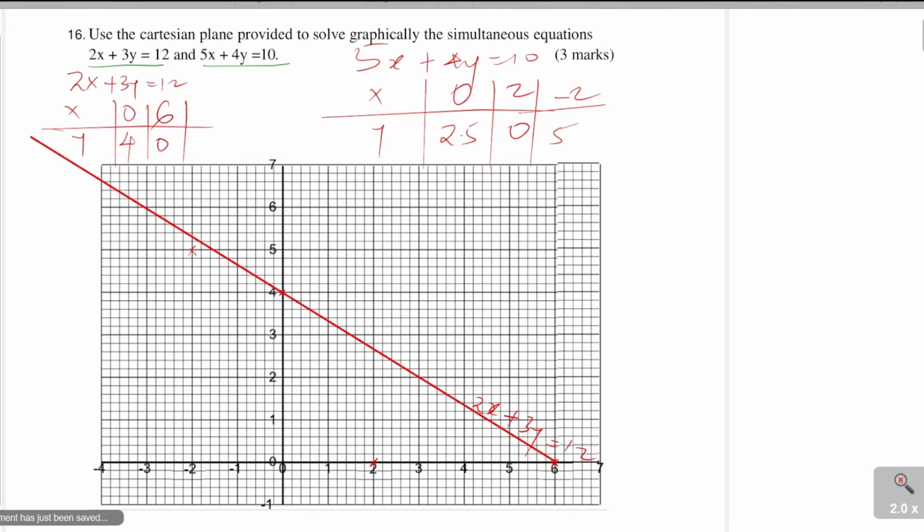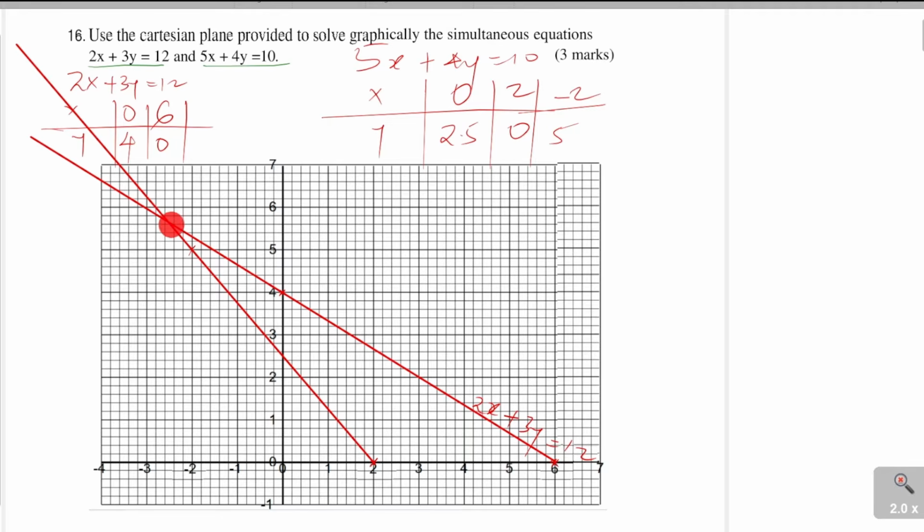So let me draw a line passing through those 2 points. Use a ruler to do this. And there we have that line. It is passing through those 2 points, (2, 0) and (-2, 5).